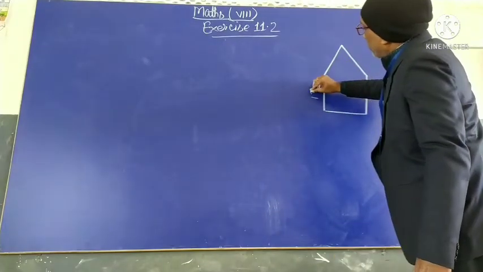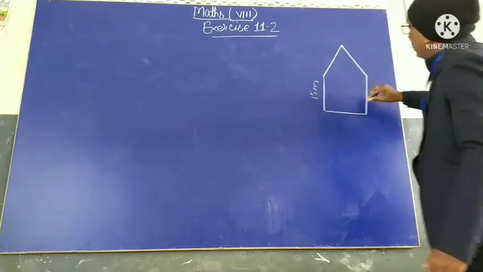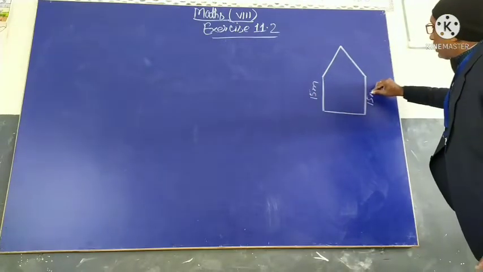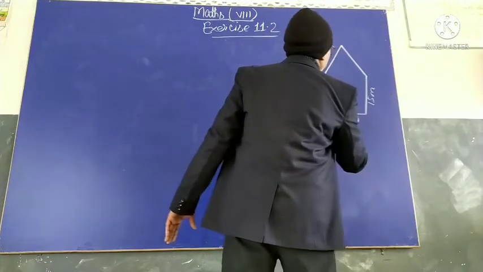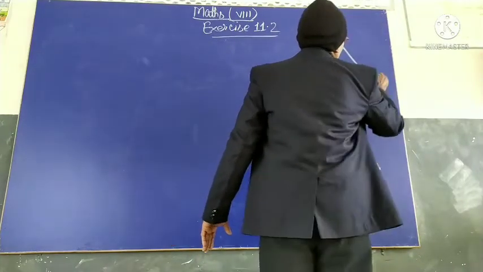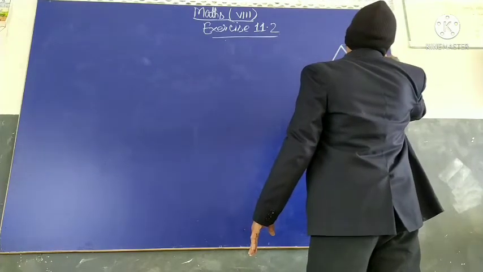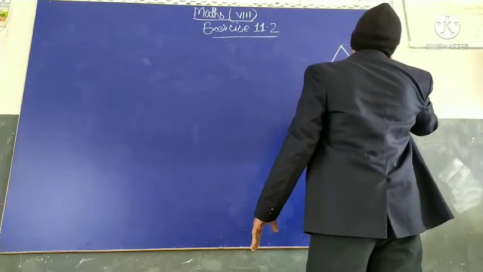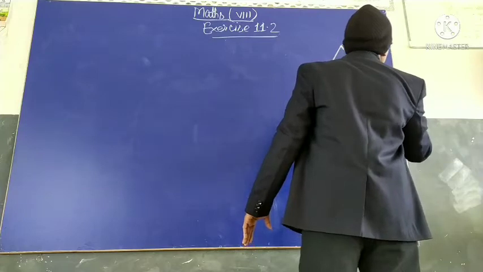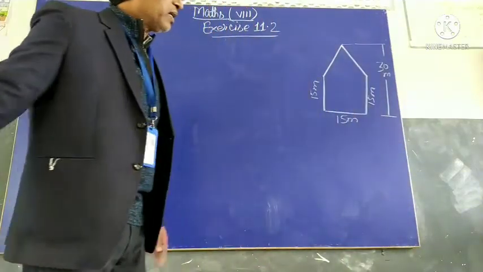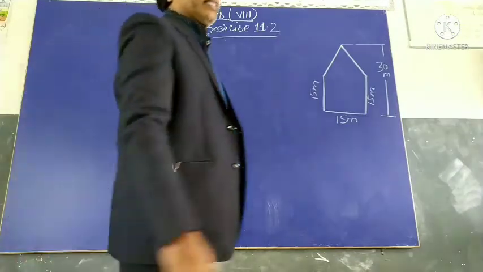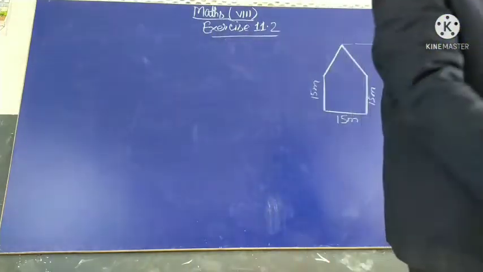This is 15 meter, this is also 15 meter, this is 15 meter, and the total height is given 30 meter. This is the figure of the pentagonal shaped park.